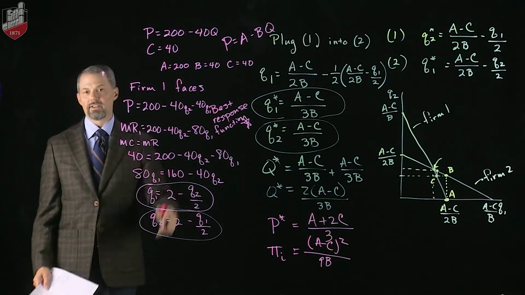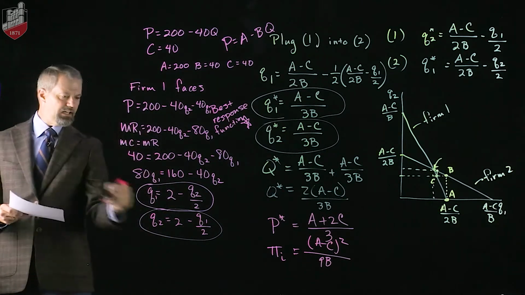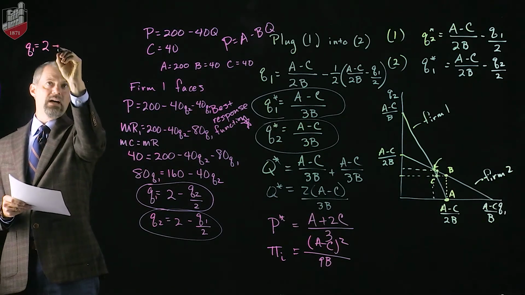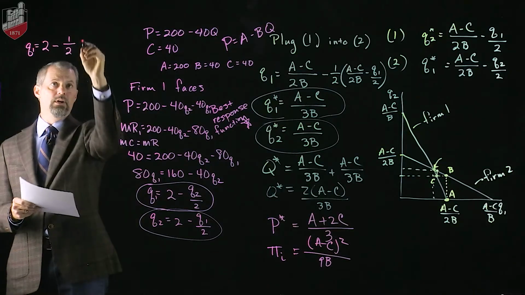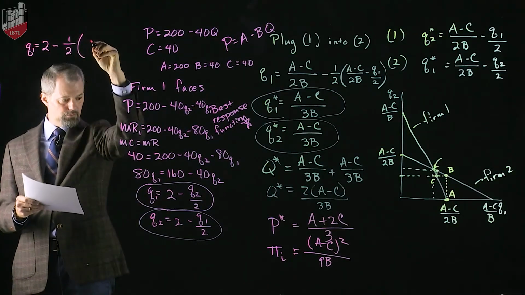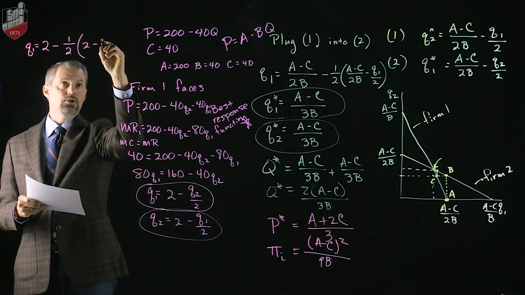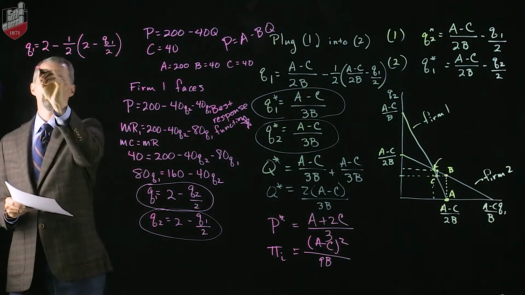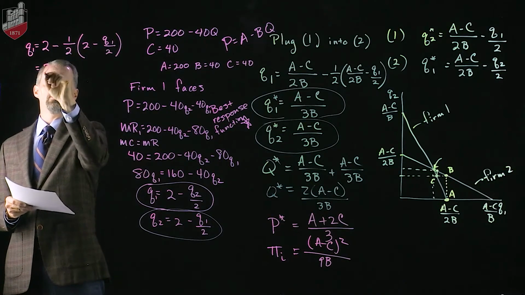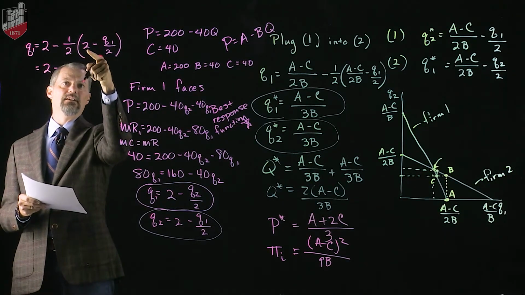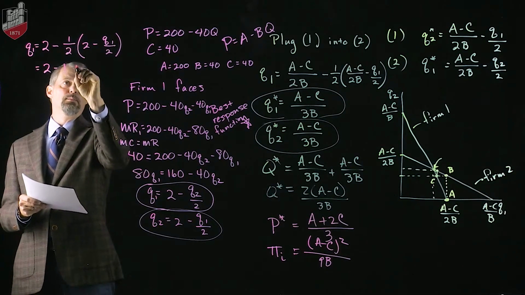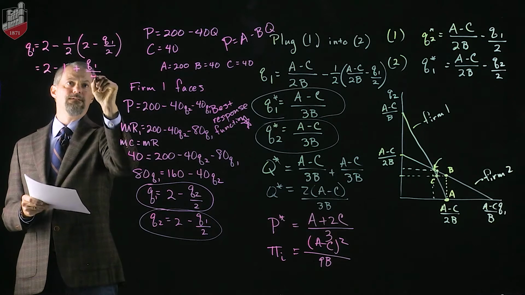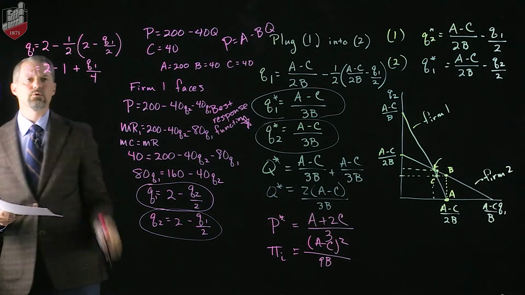Let's plug one of these into the other. So let's say Q1 is equal to 2 minus 1/2 Q2, and Q2 is equal to 2 minus Q1 over 2. So it's equal to 2 minus 1/2 times 2, which is 1, plus Q1 over 4. There's Q1.